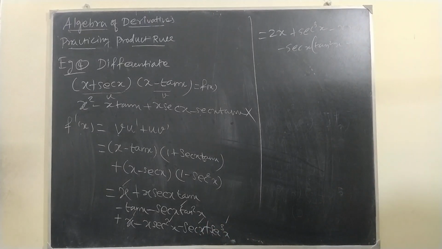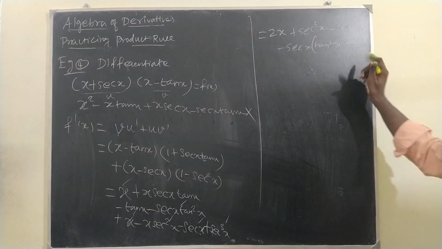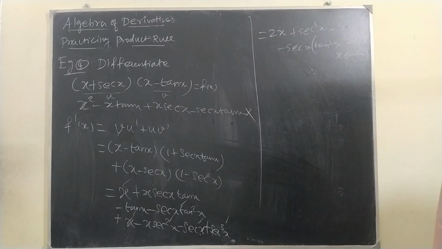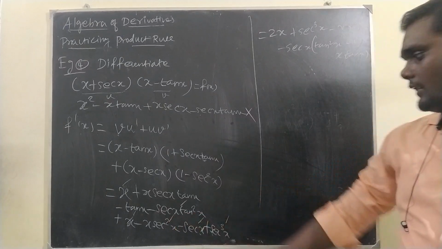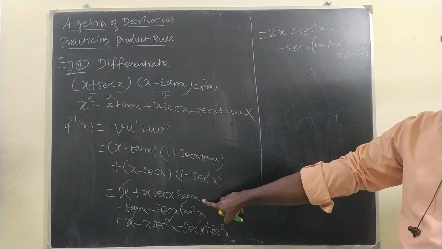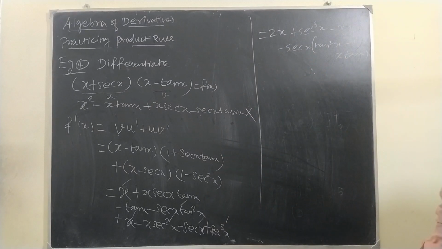Everything, right? Did I write x secant x tan x? Yes. Minus secant square x tan square x, that is what I took, secant square x. This term I didn't take. So from this also I take secant x common, then x tan x. That is all.